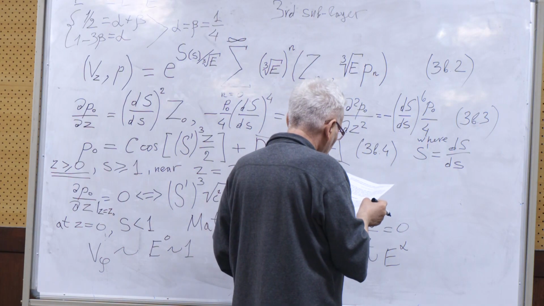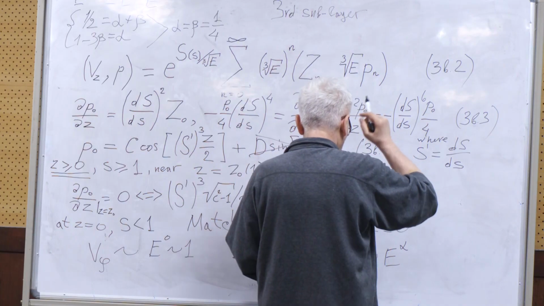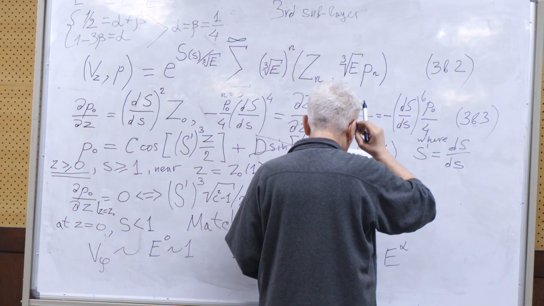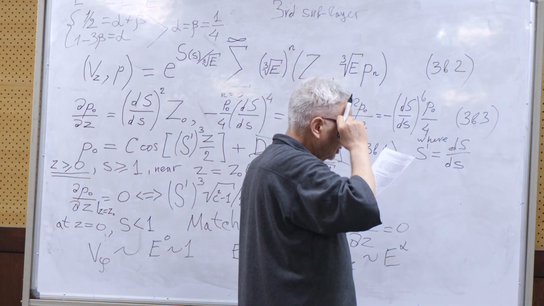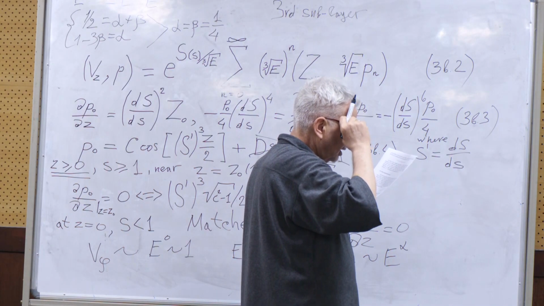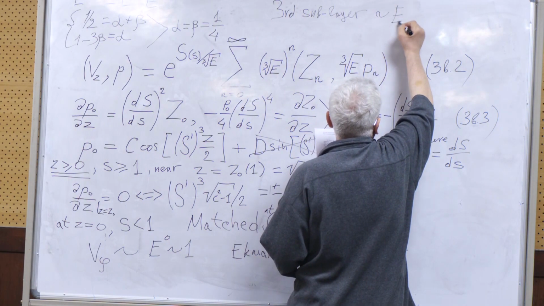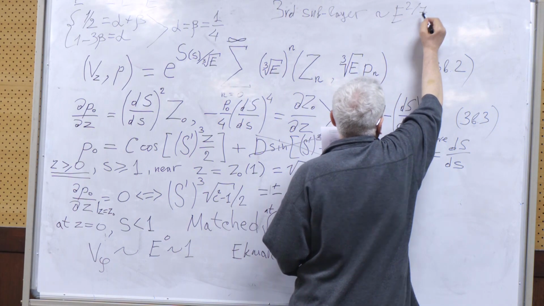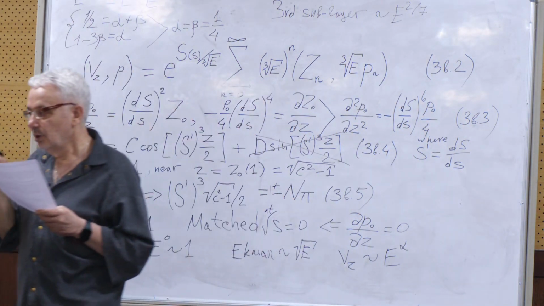It finally has the thickness, the thickness of this innermost sublayer is E to the 2/7, from a similar configuration. Okay, I'll finish this chapter.